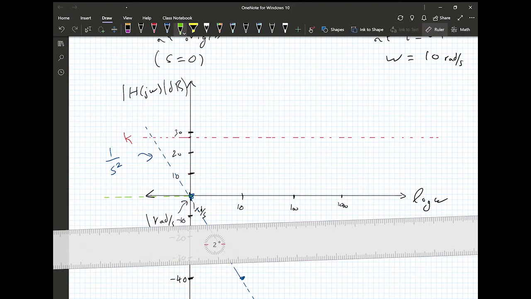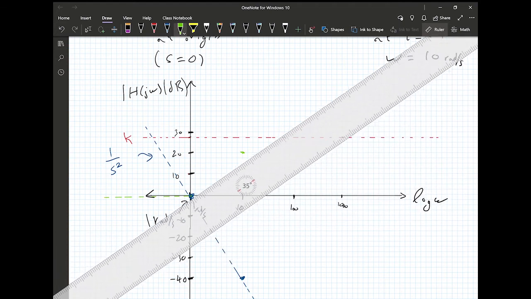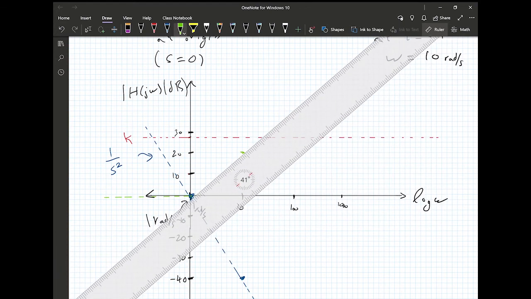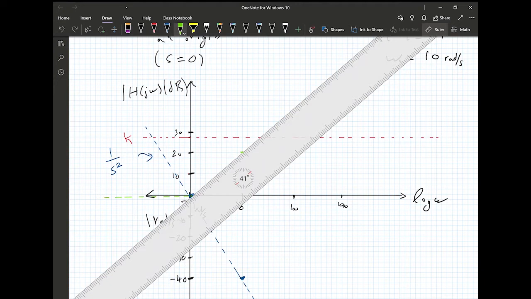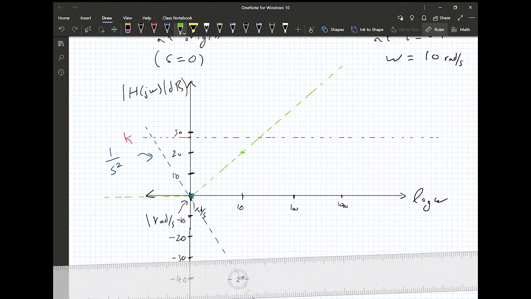So after 1 decade, I have to go up by 20 dBs. So I should be here, right? So if I do that, this would be the zero. It goes up like this, and it happens at 1 rad per second.